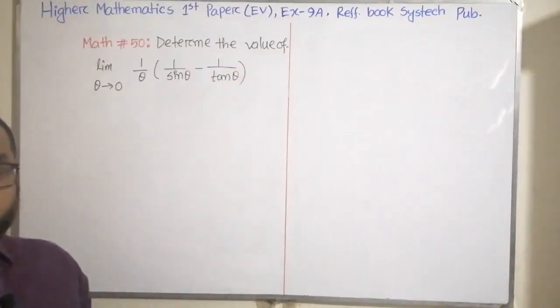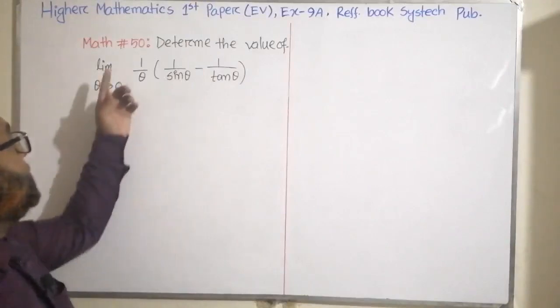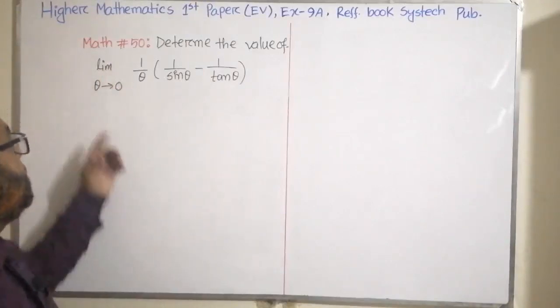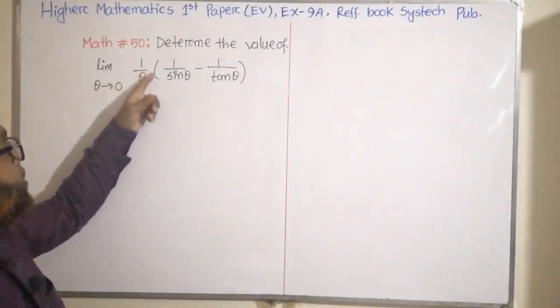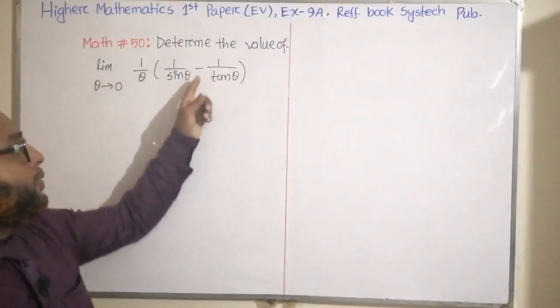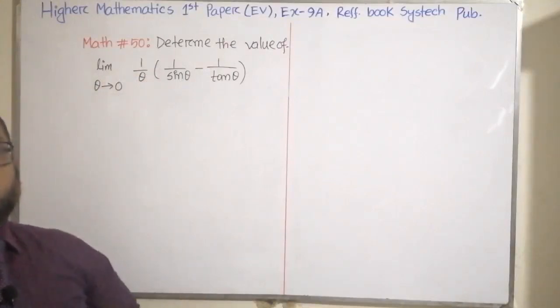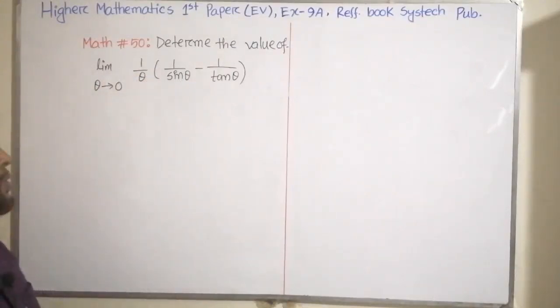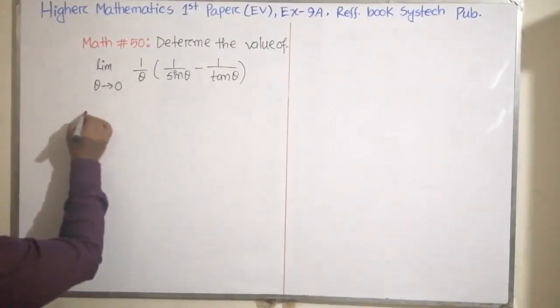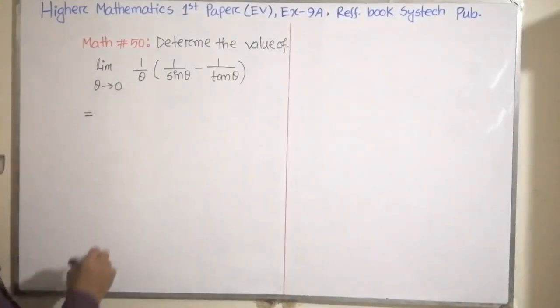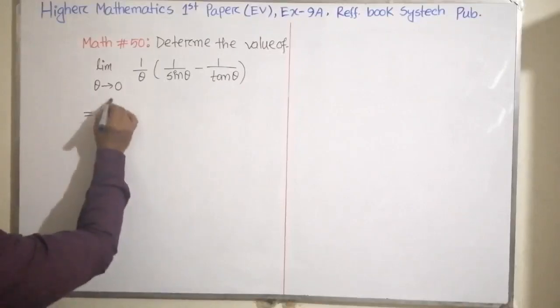My dear students, now question number 50, determine the value of limit theta tends to 0, 1 by theta into 1 by sin theta minus 1 by tan theta. Here theta is a variable, so firstly we have to simplify this expression by using the formula of trigonometry.